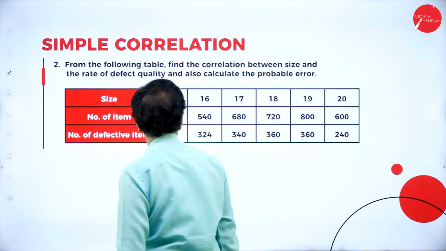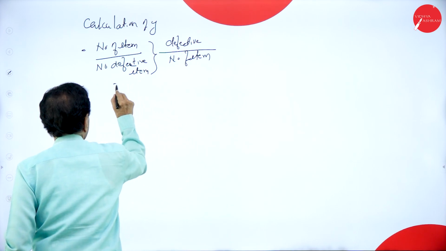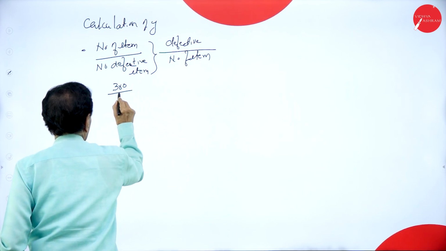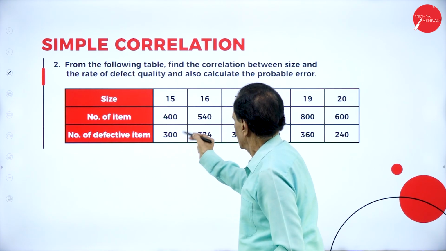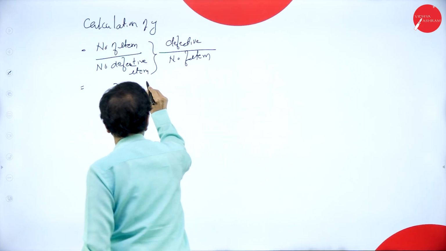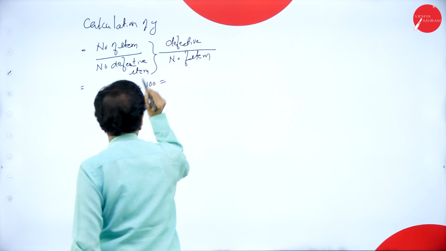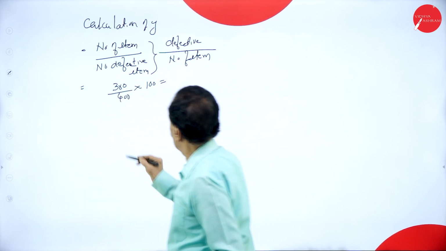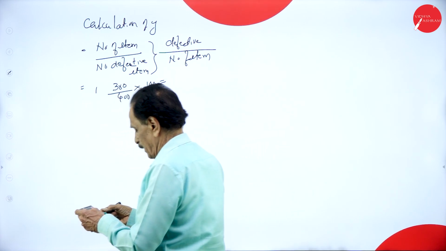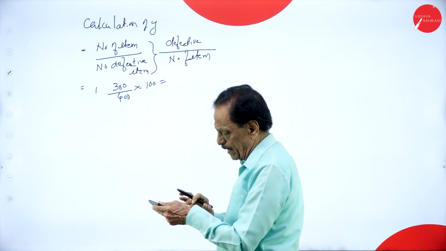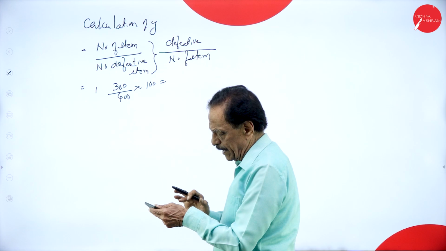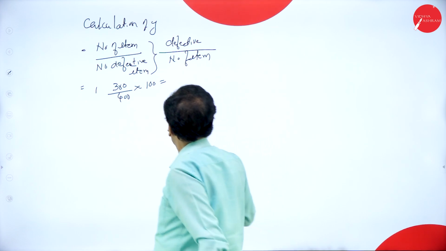First one, 300 divided by 400 into 100. This is 75.